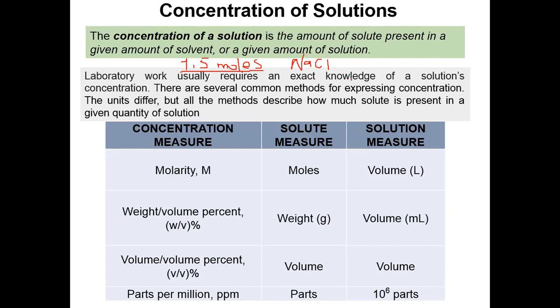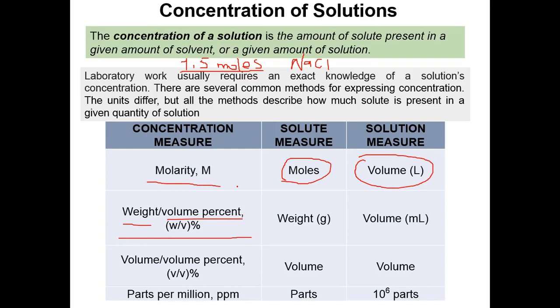So the unit for concentration is moles per liter, and that is called molarity. We know moles, we know the volume, so we have moles per volume, and if the volume is in liters, we have moles per liter. Another unit for concentration is weight volume percent.